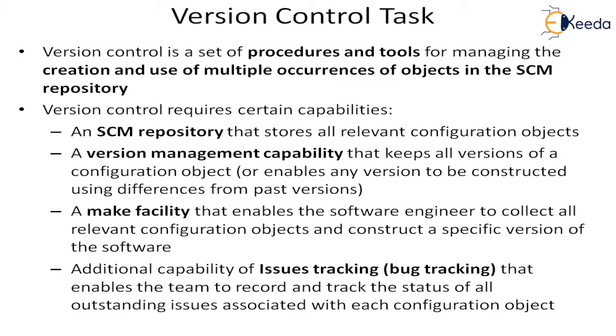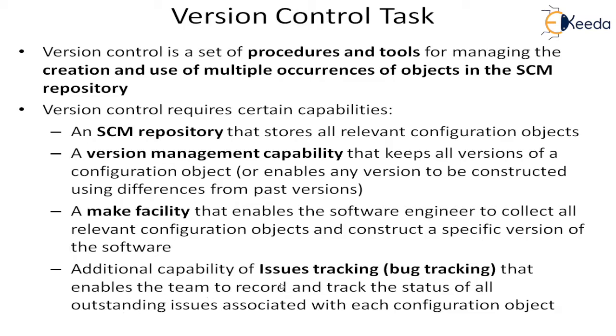So different objects already in the configuration control will be subject to change. There should be a facility called a make facility, where a collection of objects can be put under a single name, a single make or a single project name, and once it is completed, a specific version can be made for that.